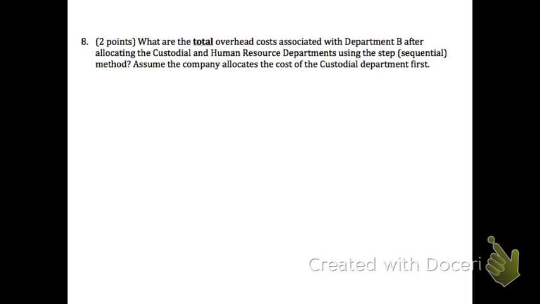So then in 8, what we have is the same problem, except now we want to allocate it using the step method. They allocate the cost of custodial first, so I'll put that in its order.